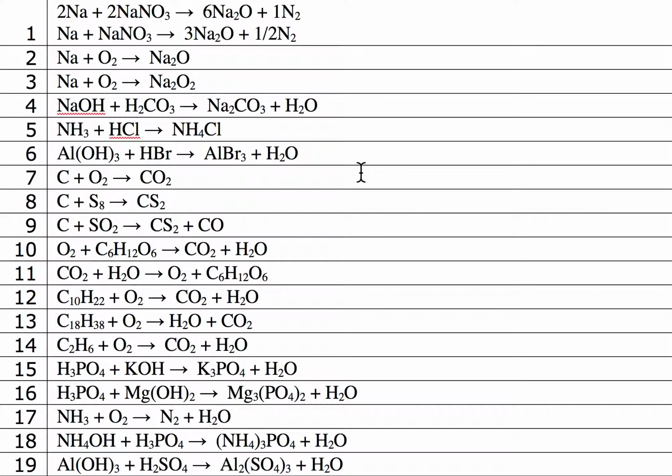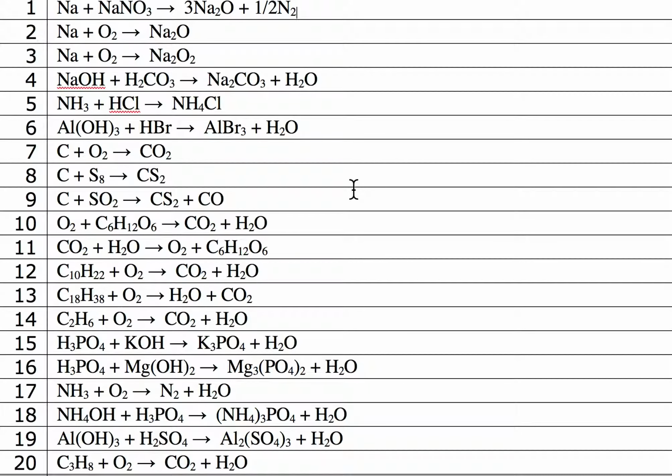So let's repeat this process with some other reactions, and let's look at the next one. The next one is sodium plus oxygen going to sodium oxide. In this case, both sodium, Na, and oxygen are found in just one reactant and one product, so it doesn't really matter a whole lot where we start.